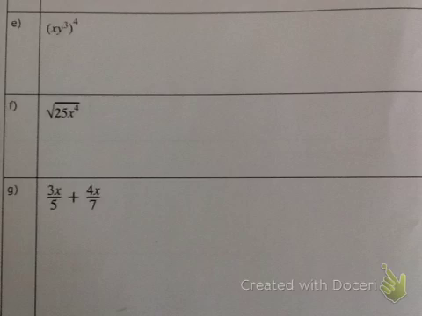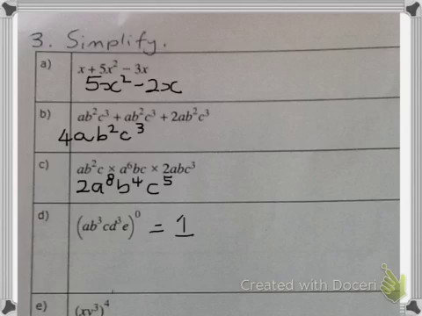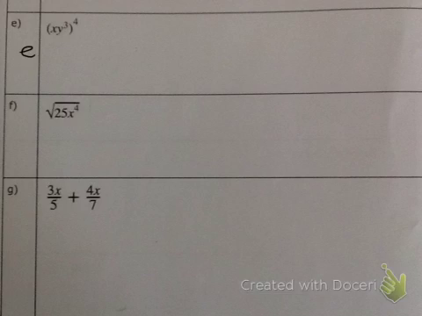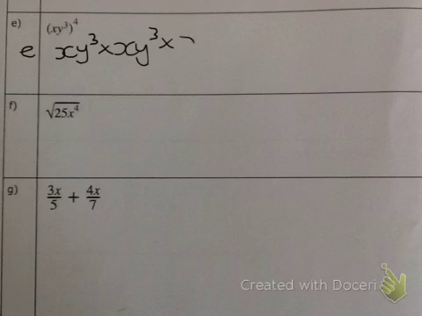Right, so when you've got a situation like this one for E, where you've got a power to a power, another way to look at this one is like xy cubed times xy cubed times xy cubed times xy cubed.